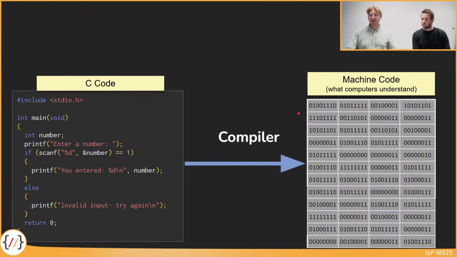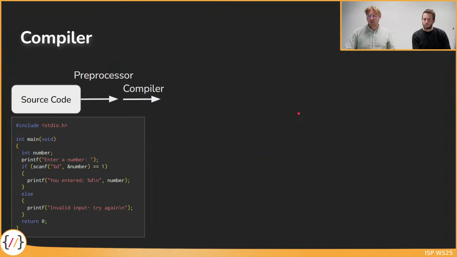It's the compiler. The compiler translates the code that we have written in C into machine code that can be understood by a computer and therefore executed.